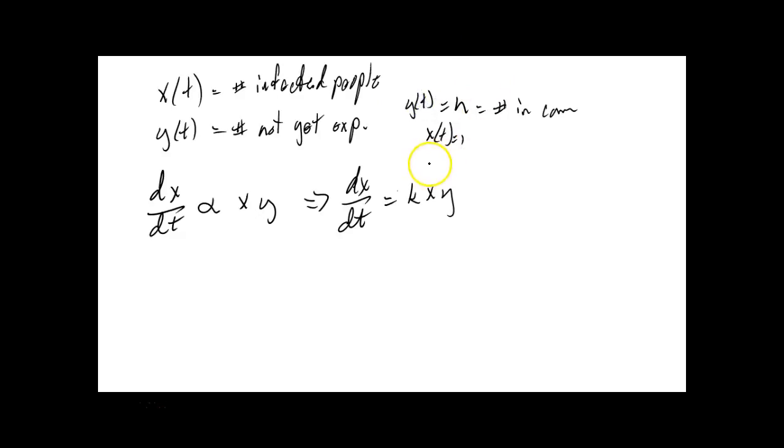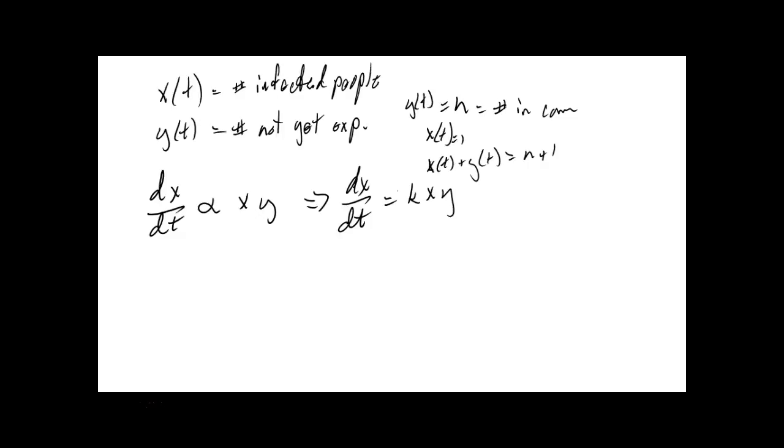So then X of T plus Y of T is always going to be N plus 1, because you introduce that one infected person. Okay? I should have said 1 plus N. Doesn't matter. And then you go from there.